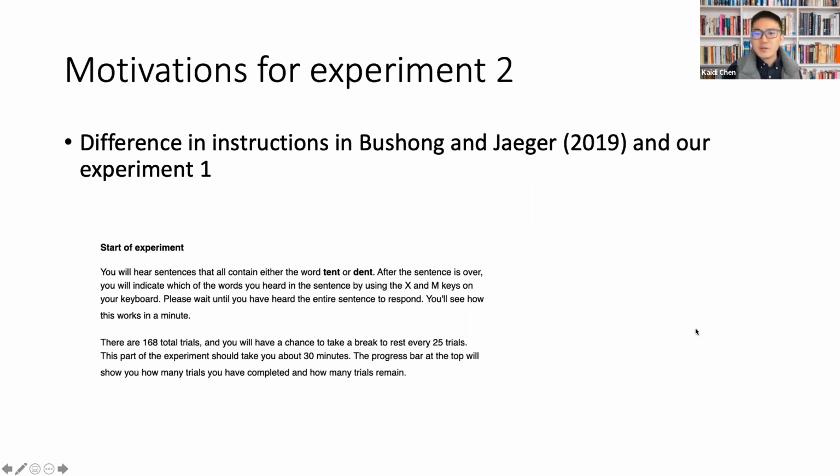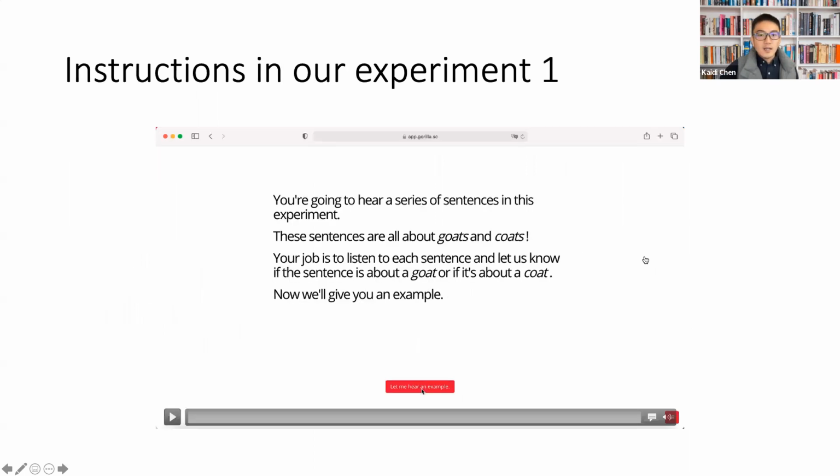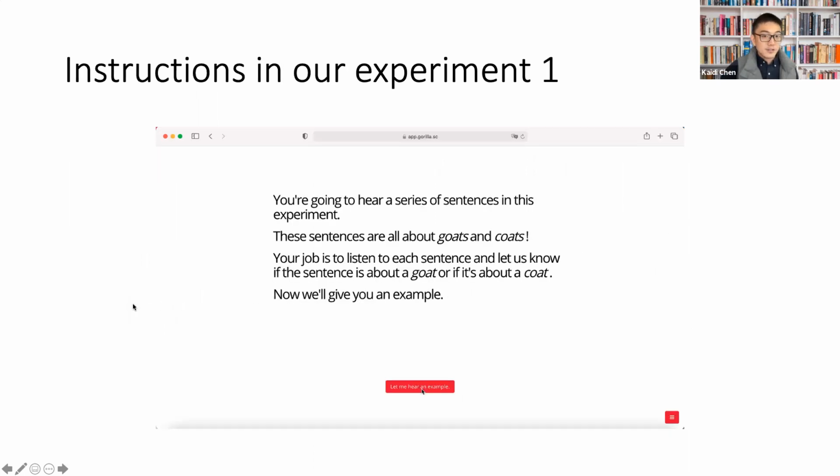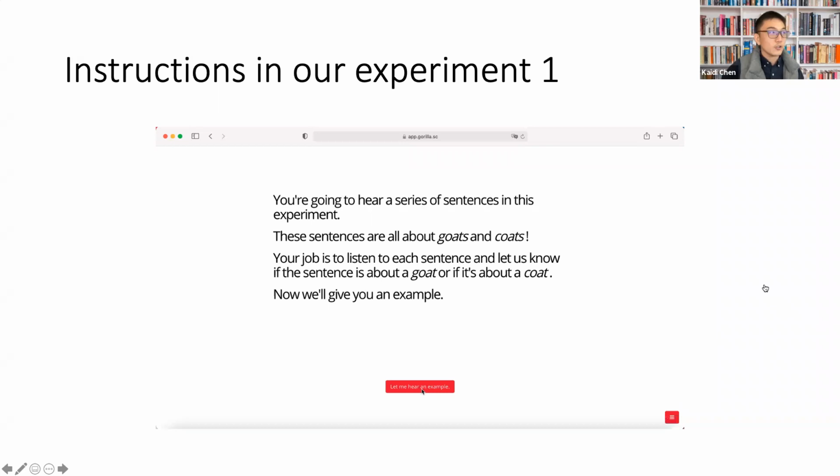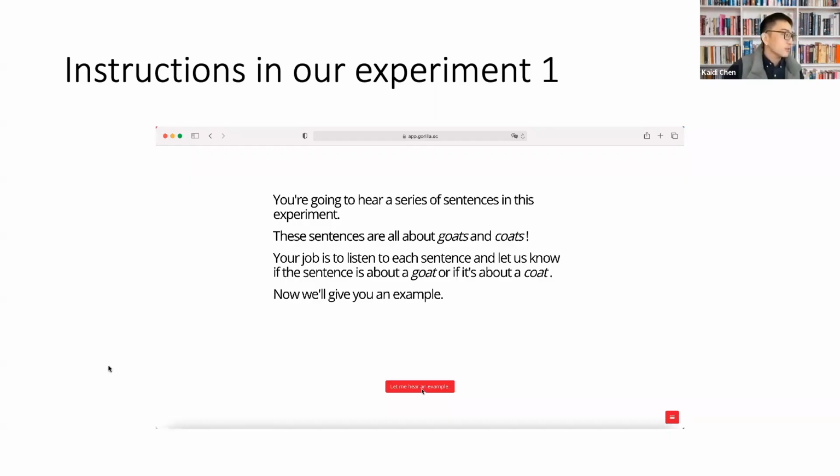The instructions are pretty minimal. No mention of conflicts, no mention of meaning, and no examples. However, our instructions have given more examples for our first experiment. Let me show a demonstration here. Oh, I may need to share my sound. Sorry, very quick. Let me share my sound. Okay, here we go. Okay, you will hear that now.